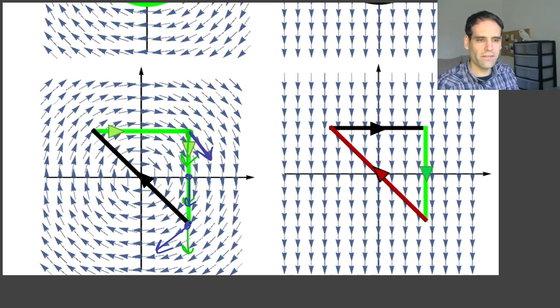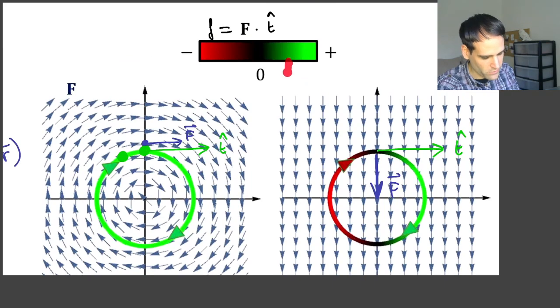But it's still an angle less than 90 degrees, and therefore it's still a positive value. So that's why we get green. Here it's lighter green, indicating more positive, and this is darker green, indicating a little less positive, but still positive.